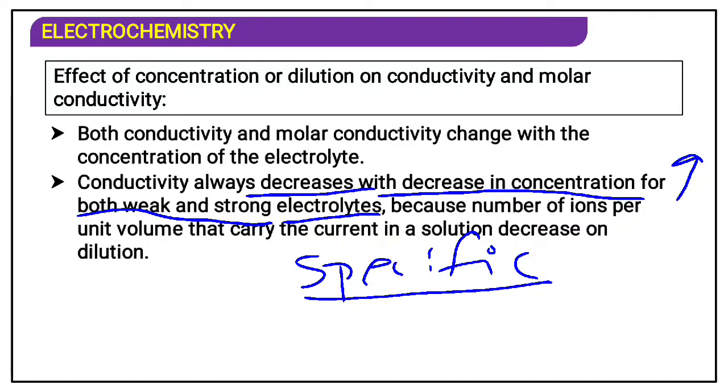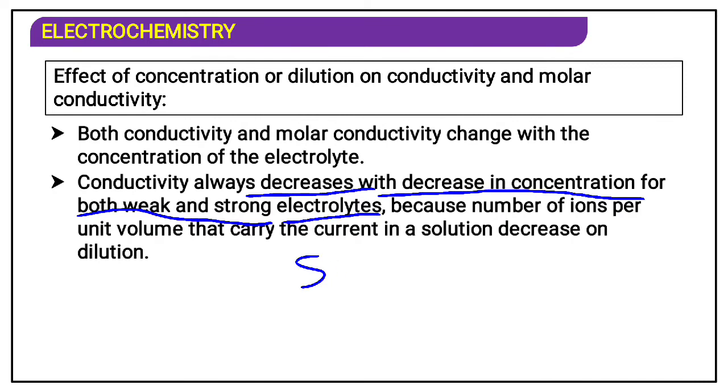That specific conductance decreases with dilution for both weak and strong electrolyte, because the number of ions in a particular unit volume decreases.